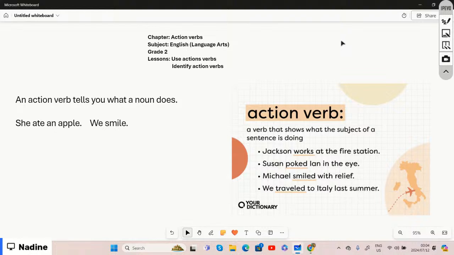Our subject is English language arts. Grade 2, and the lessons that we are going to be focusing on are to use action verbs and to identify action verbs.